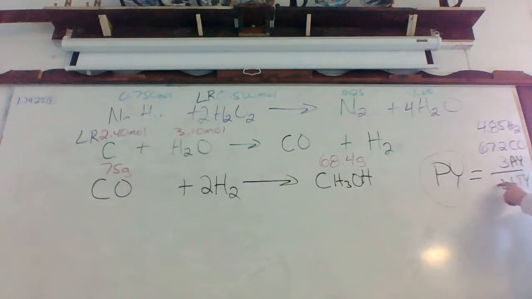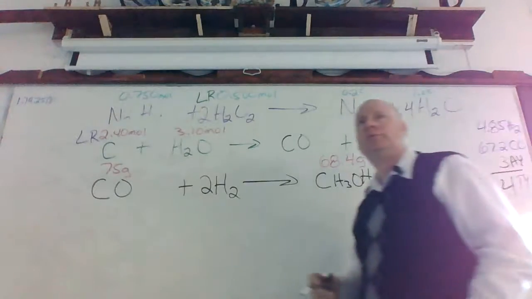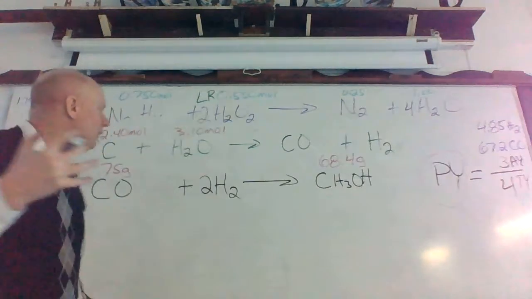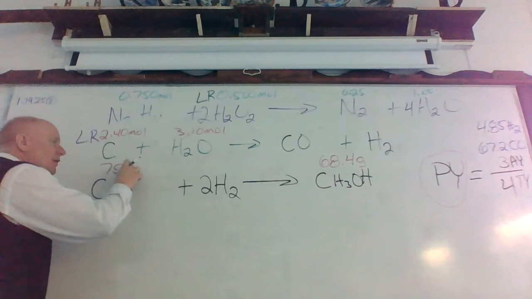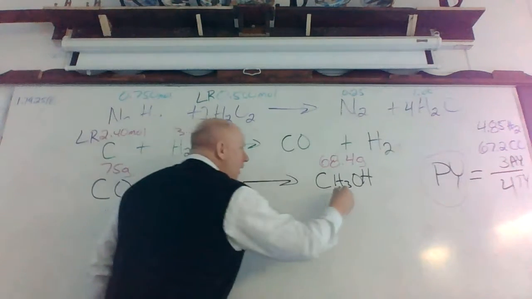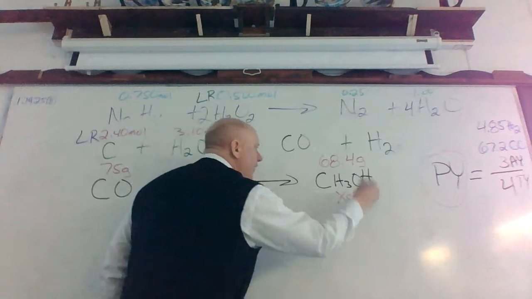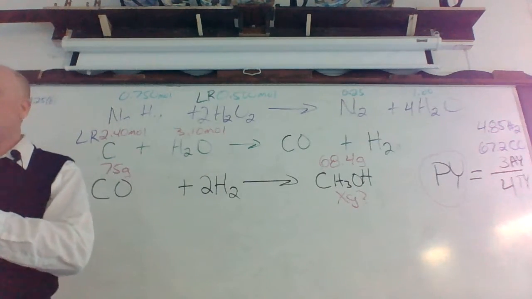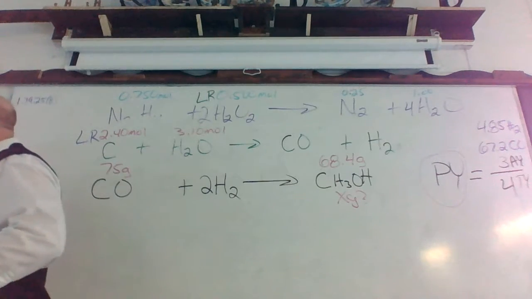How do we get the theoretical yield? On pencil and paper, you convert grams of this to an X amount of grams that you theoretically should come up with. And there's your bottom number. We'll continue with that tomorrow.